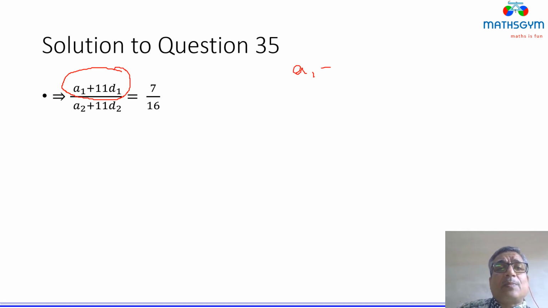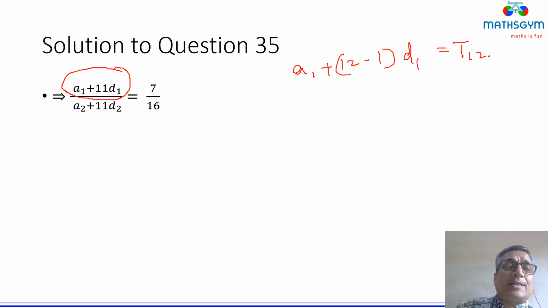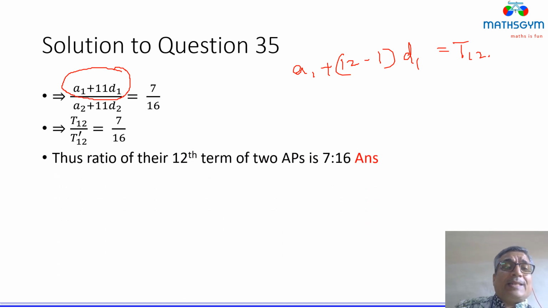From my formula for an, which is an equals a plus n minus 1 into d, this is t12. So this is my 12th term on the left hand side. So this becomes the ratio of t12 upon t dash 12, and the answer is 7 by 16. The ratio of the 12th terms of the two APs is 7 by 16.